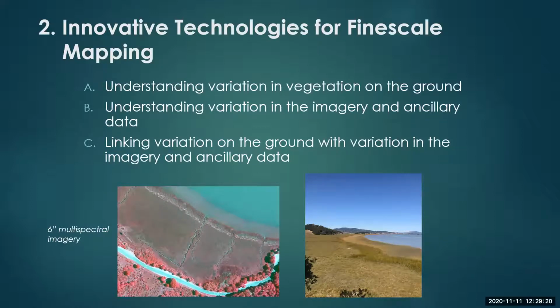So when the imagery varies with what's going on in the ground, you can easily use the imagery to make a map. And when they aren't correlated, when the imagery doesn't vary with what's going on the ground, you've got to find another way to map those classes. But these are the 3 basic steps, whether you're doing it for manual interpretation or semi-automated classification. These are the 3 basic steps.